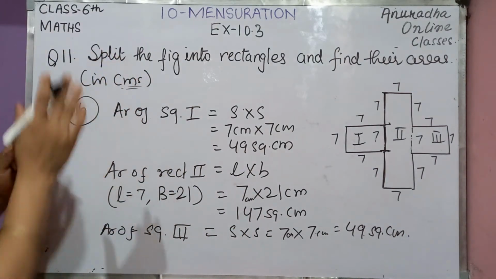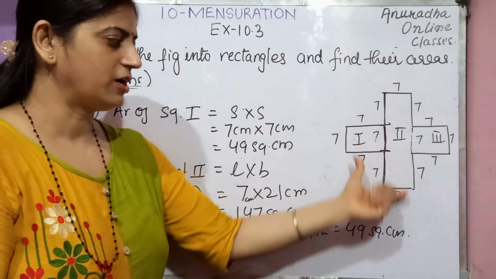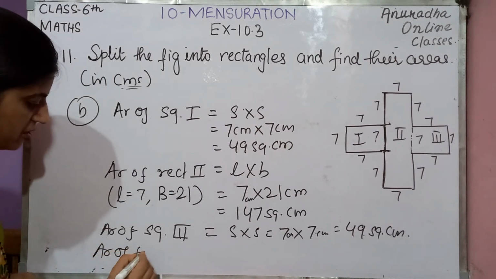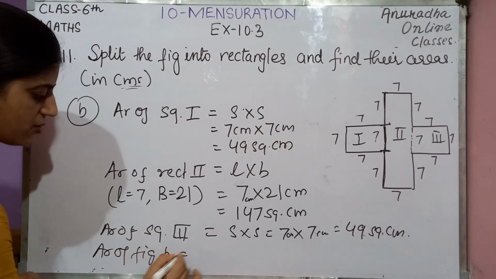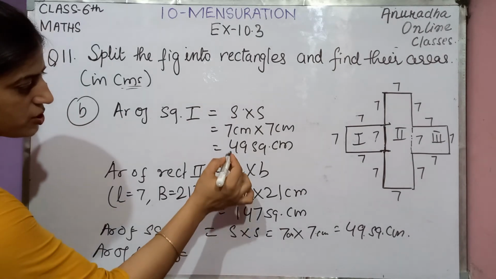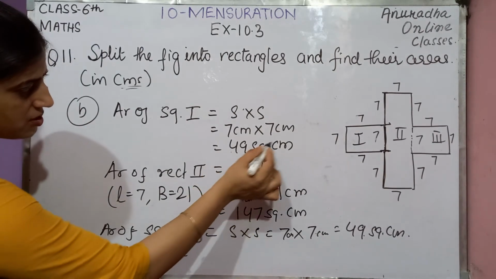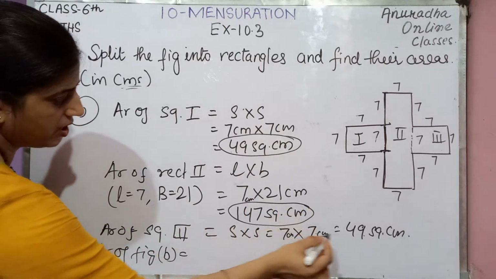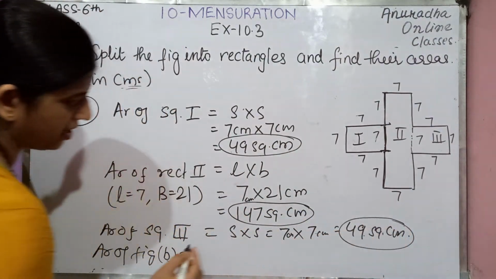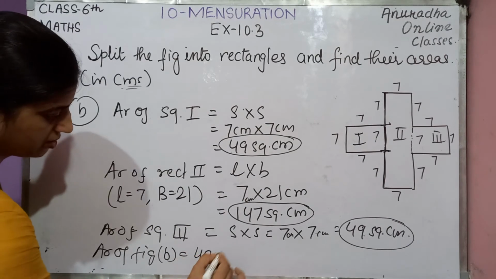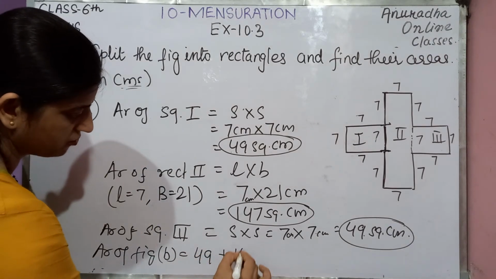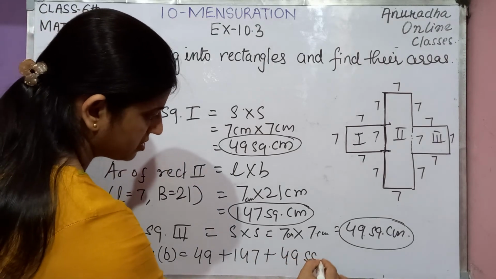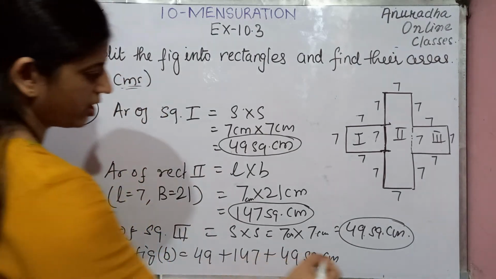So what is the area of complete figure? So area of figure B is equal to how much? Area of first, area of second and area of third, तीनों को हम ऐड कर देंगे. So 49 plus 147 plus 49 square centimeter. Everywhere you have to write.